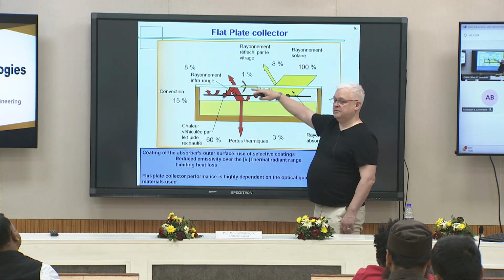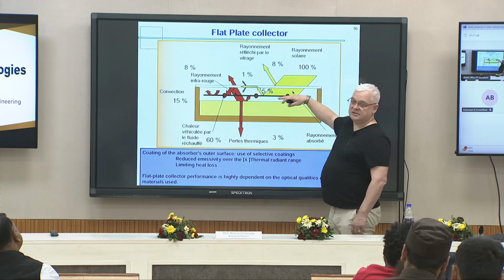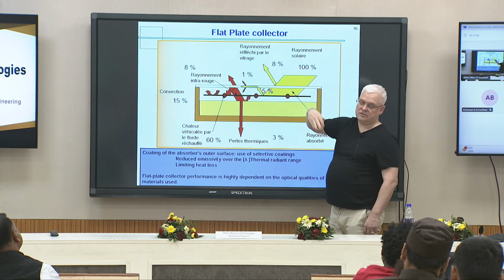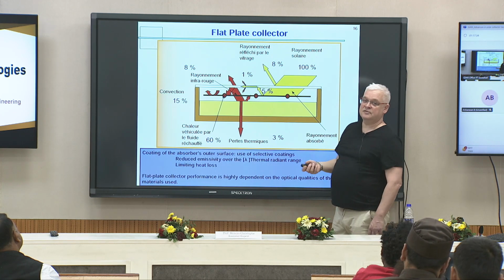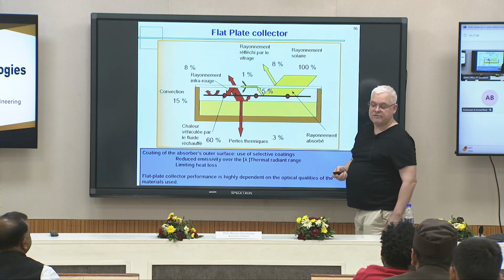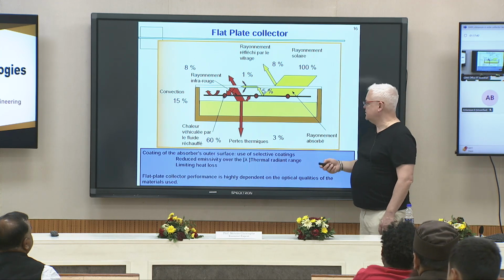So you can imagine if you have water condensation on this glass, you lose a lot of energy, because water is also opaque to infrared. So infrared coming from the absorber could be stopped.